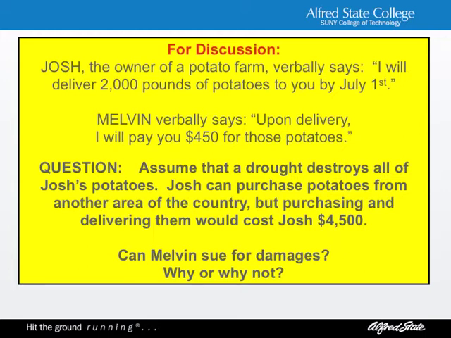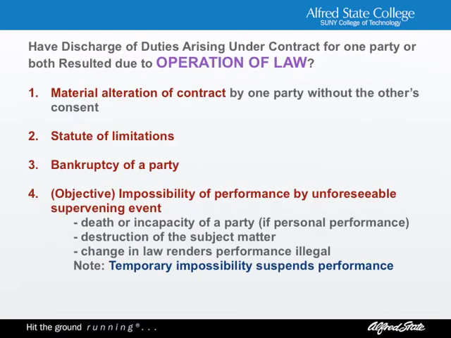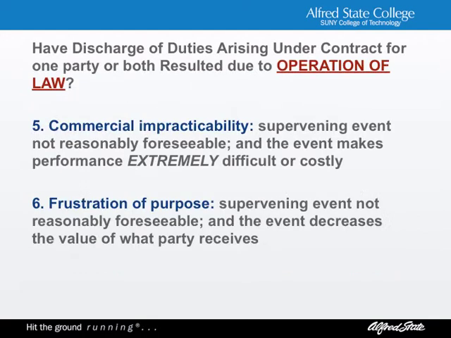Why or why not? Well, we have to go back to our answers. It's not a material alteration case, statute of limitations, not a bankruptcy case, not is it impossibility of performance by an unforeseeable supervening event? Well, it's not impossible to perform because all that was promised here is I will deliver these potatoes to you. It is still possible to deliver those potatoes. But here, we generally speaking have what's called commercial impracticability.